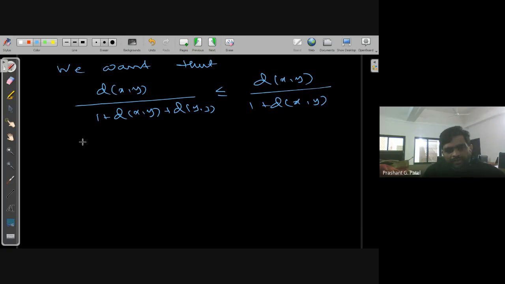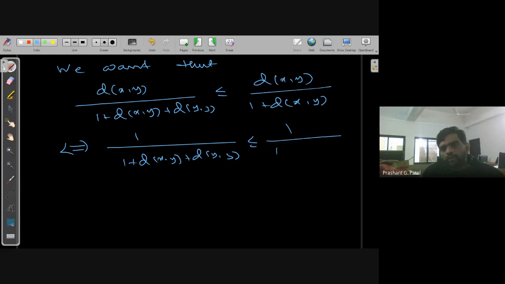So it is enough to prove this statement, and the d of xy will cancel out. So it is enough to prove that 1 upon 1 plus d of xy plus d of yz is less than or equal to 1 upon 1 plus d of xy.